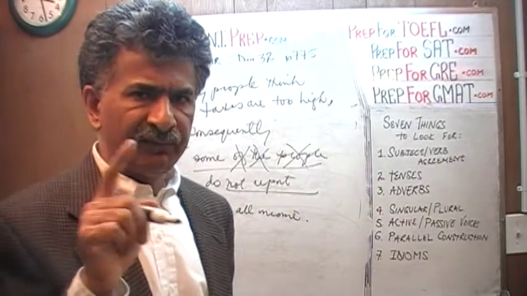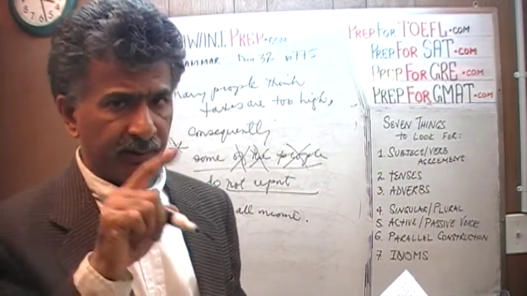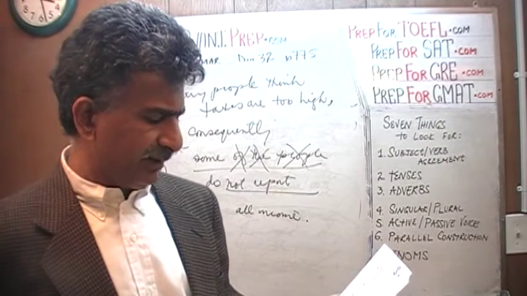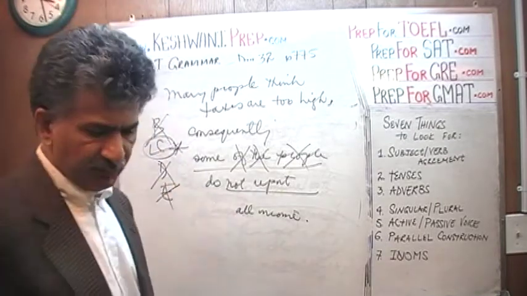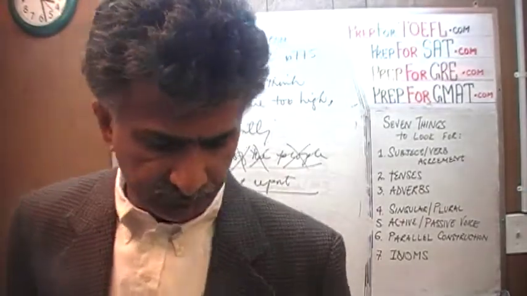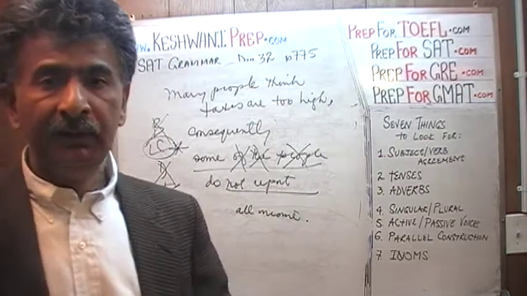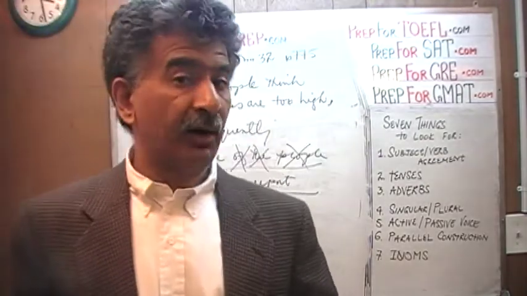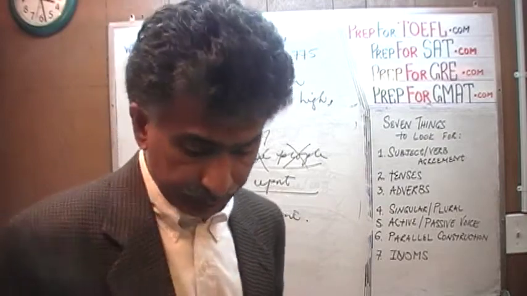No, we need the word consequently to make the connection between the cause and effect. D doesn't have that connection. E goes on to say, therefore not reporting. No. The sentence is very straightforward, very simple. Many people feel that taxes are too high. Consequently, some do not report all the income.